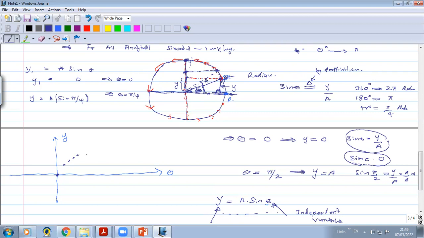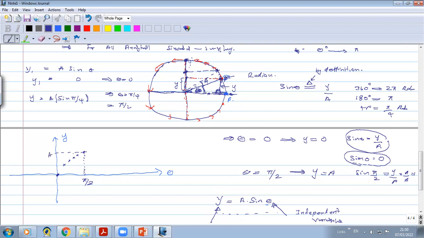Now theta is equal to π by 2, so what is the value? Sine π by 2 is equal to 1. So here a sine π by 2, that means y is equal to a. So at this point, y is equal to a.